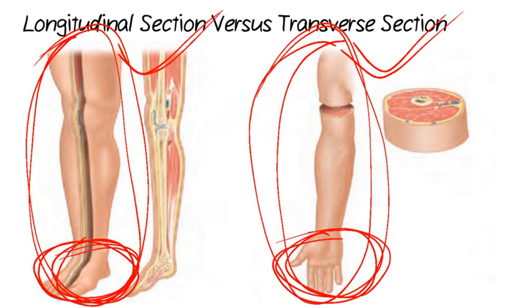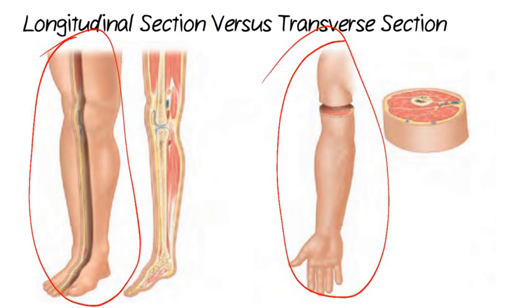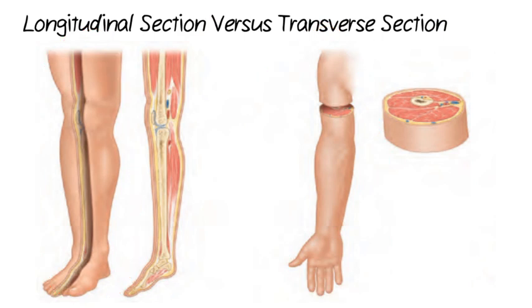I'm going to undo the annotations on the slide. Dividing this lower limb from up to down, giving you a right half and a left half, will present to you a longitudinal section.